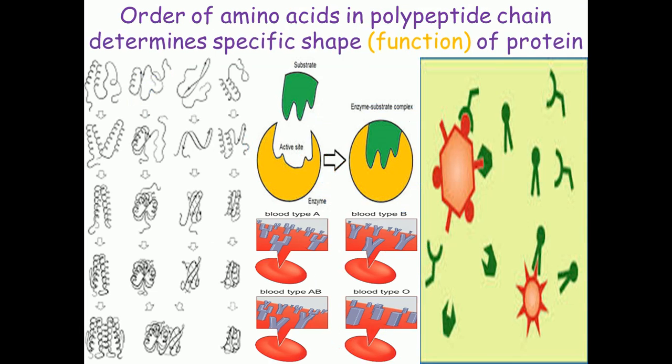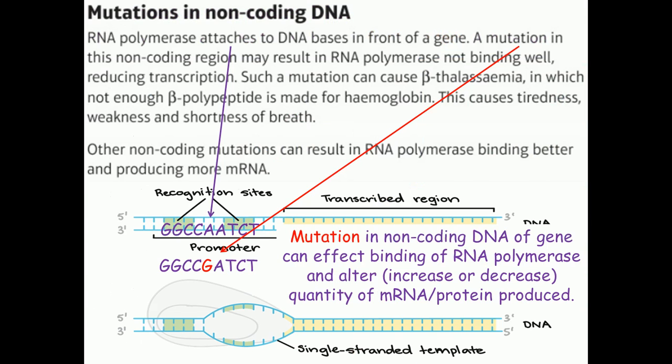However, if the mutation is in the non-coding region in front of the gene, it affects the binding of the RNA polymerase, so that either more protein is produced if the binding is more effective, or less protein is produced if the binding of RNA polymerase is less effective.